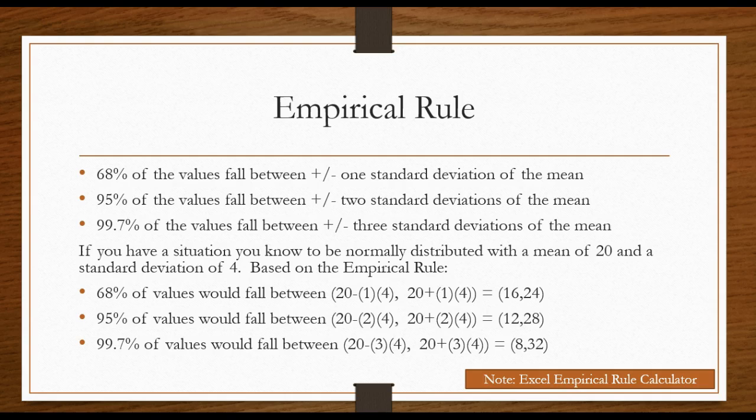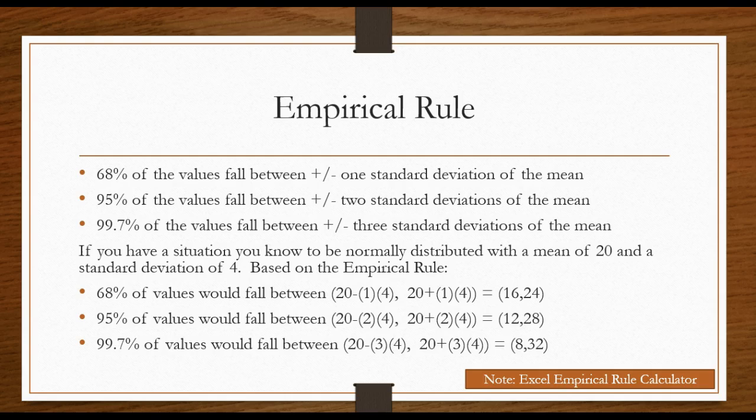Now here's an example. Let's say we have a situation with a mean of 20 and a standard deviation of 4. Based on the empirical rule, 68% of the values would fall between 16 and 24. 95% of the values would fall between 12 and 28.